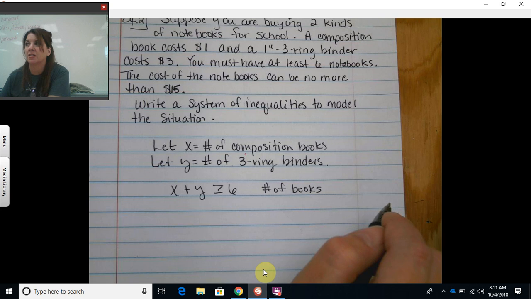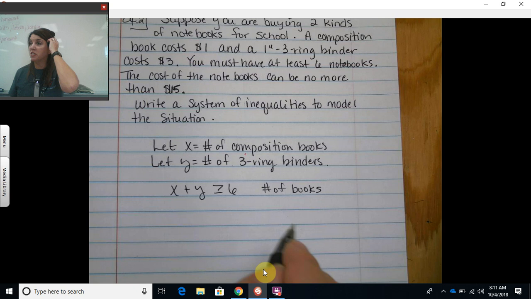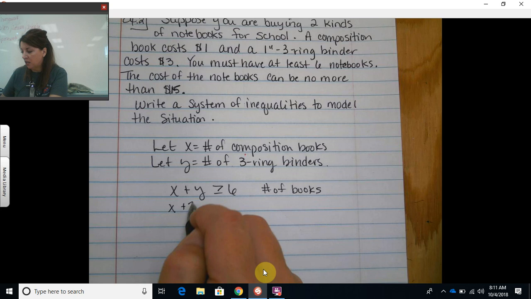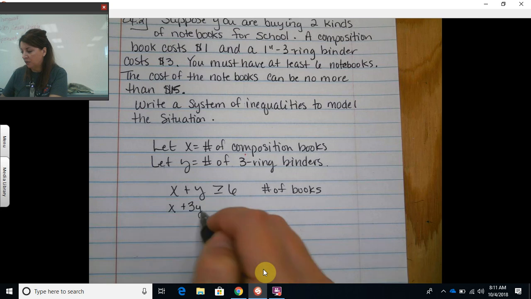Are we only buying one of each book? Or does each book only cost $1? No. Exactly. So if this one's about the cost, we got to put the cost of each book, right? So composition books cost $1, so 1x is just x. 3-ring binders were $3, so $3 times each binder, and that has to be less than or equal to $15.